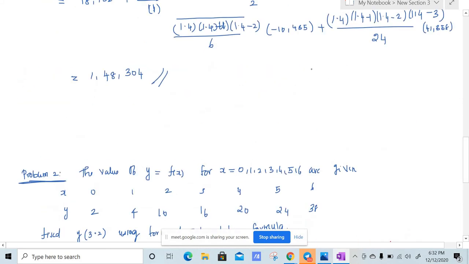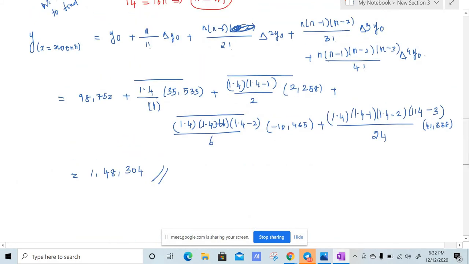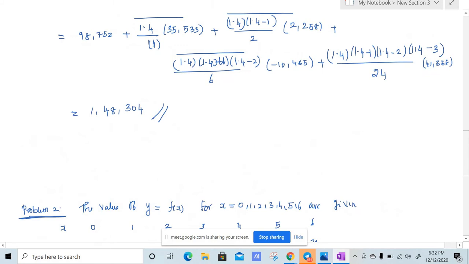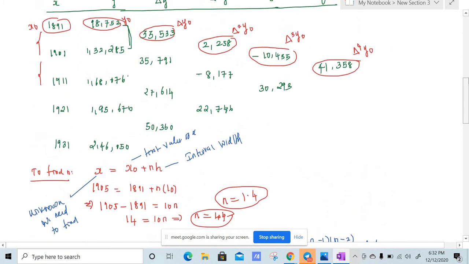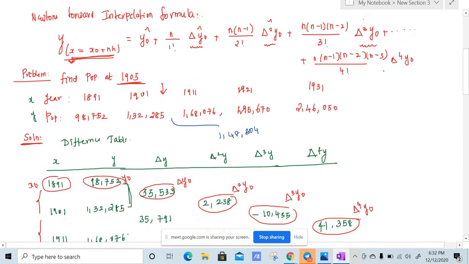The formula will be extended to 5 factorial plus 6 factorial, because we have up to del power 6. The next term will be n into n minus 1, n minus 2, n minus 3, n minus 4 divided by 5 factorial del power 5 y naught, plus n into n minus 1, n minus 2, n minus 3, n minus 4, n minus 5 divided by 6 factorial into del power 6 y naught.